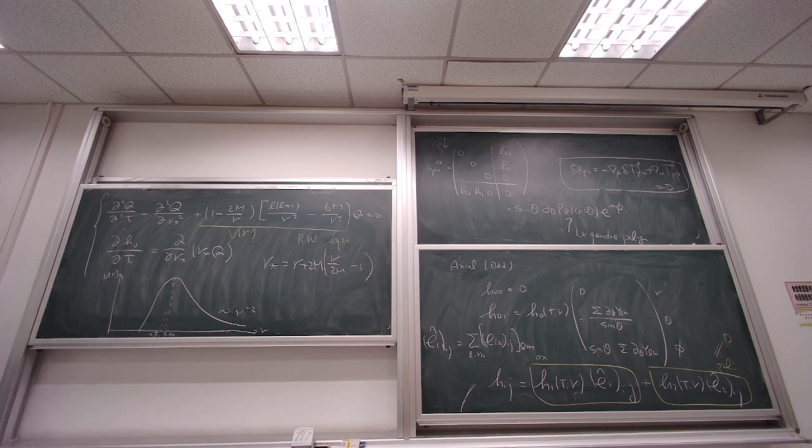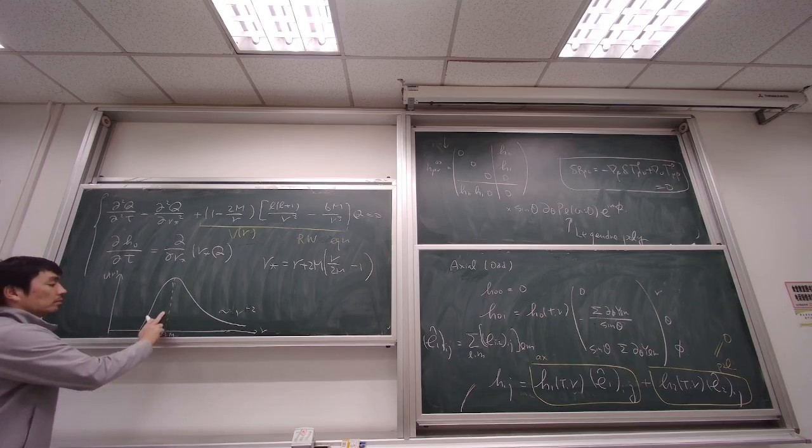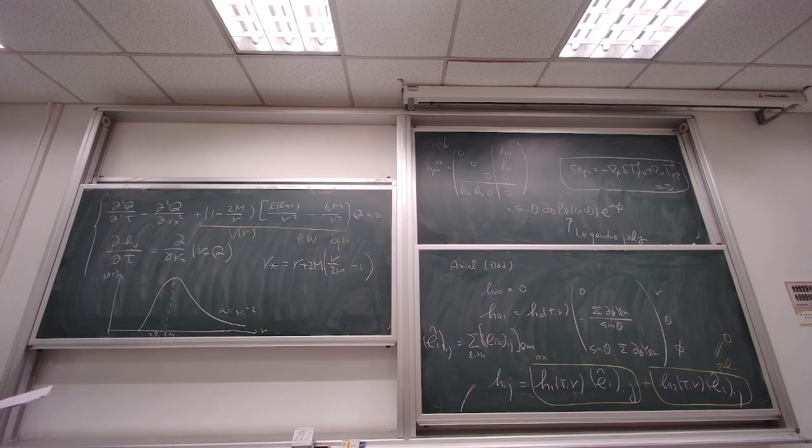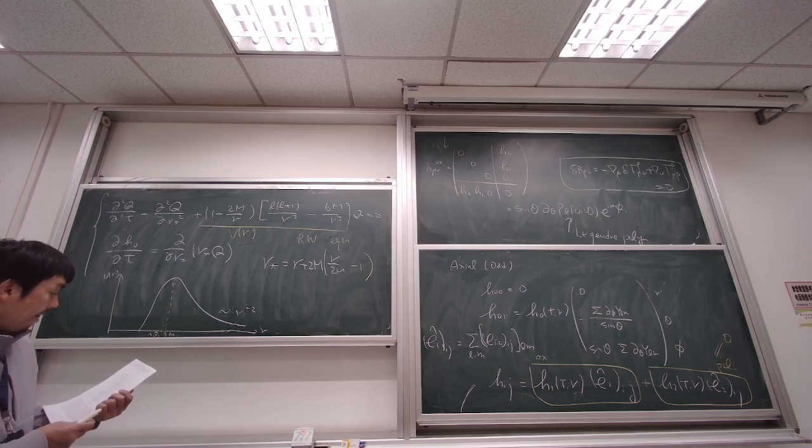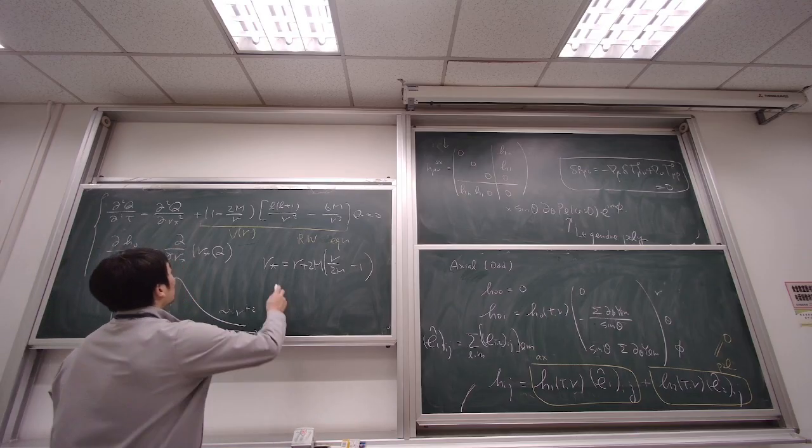So that's how this potential looks like. Okay, and so in the asymptotic regime, you can just ignore this one.